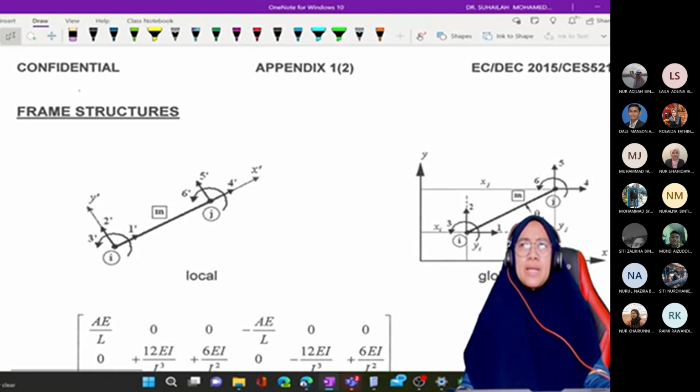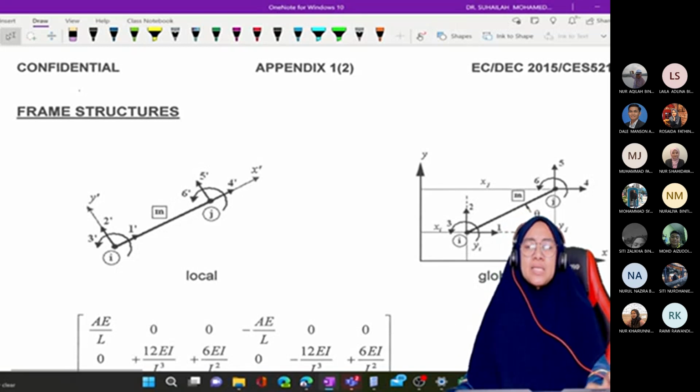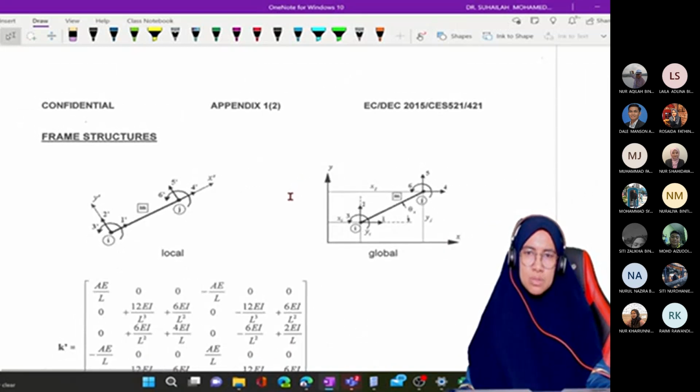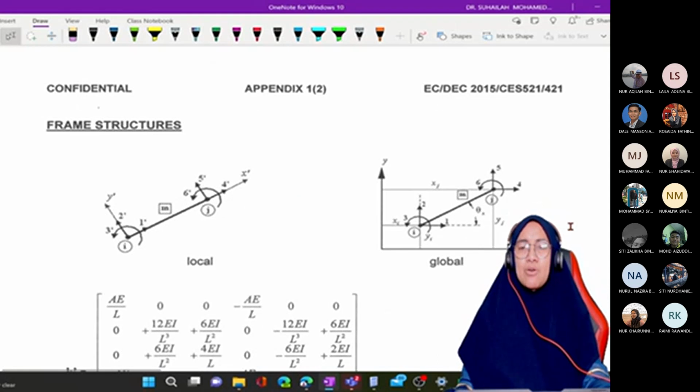And for moment distribution, those from diploma have learned it before. So there is actually no excuse to fail this course. So do the necessary action.